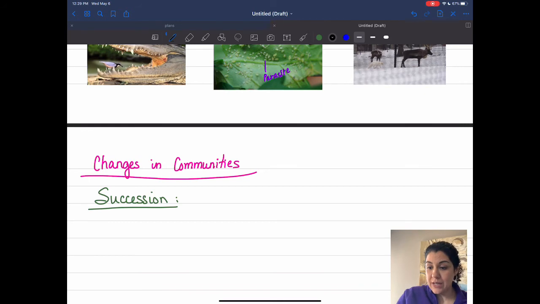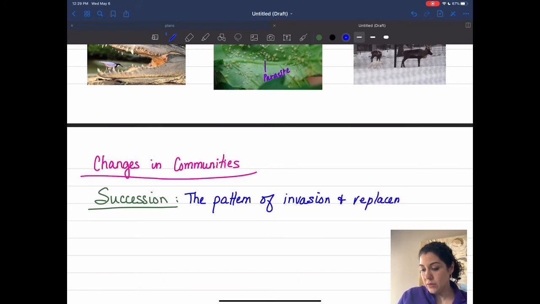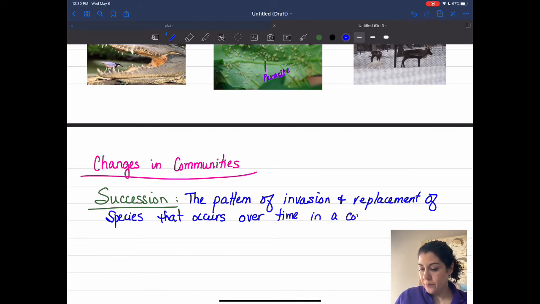So succession is the pattern of invasion and replacement of species that occurs over time in a community.